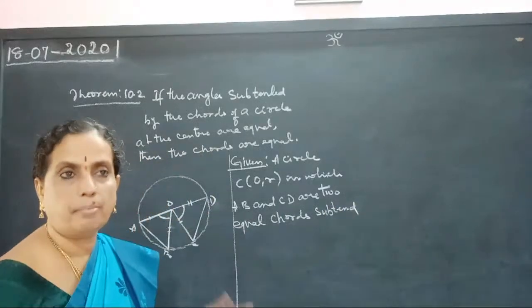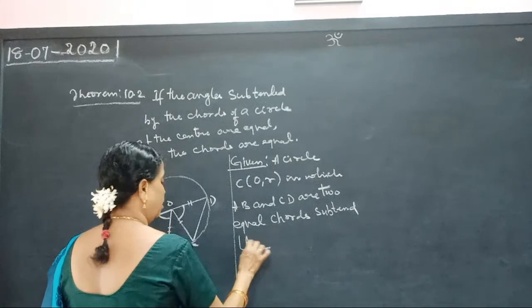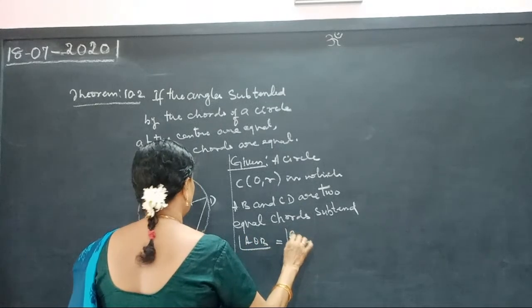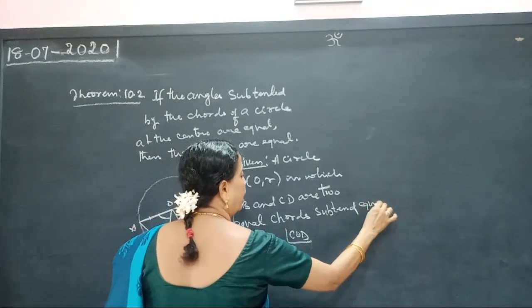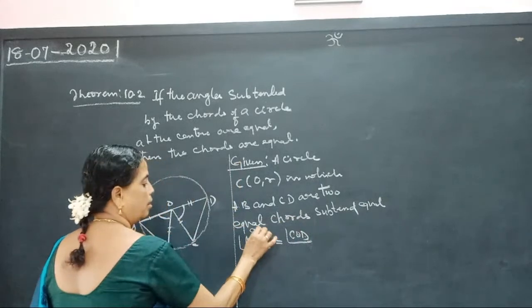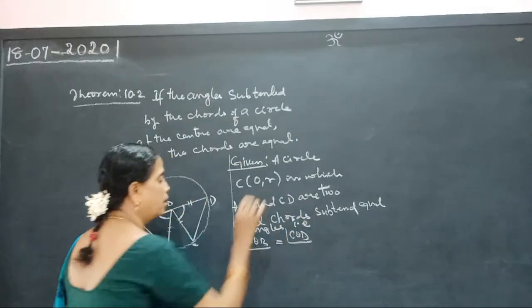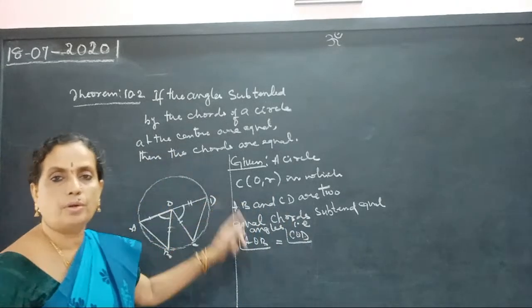Subtend means it inclines: angle AOB equals angle COD. Subtend equal angles, that is angle AOB equals angle COD.